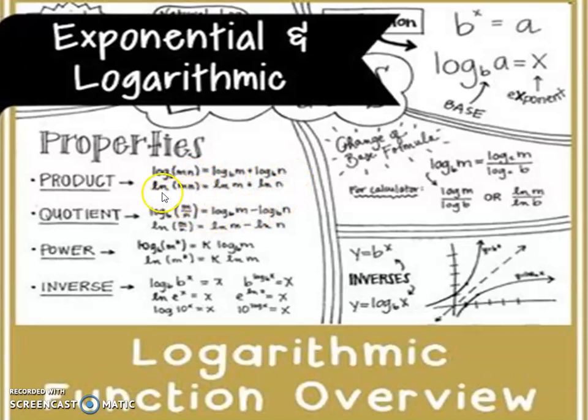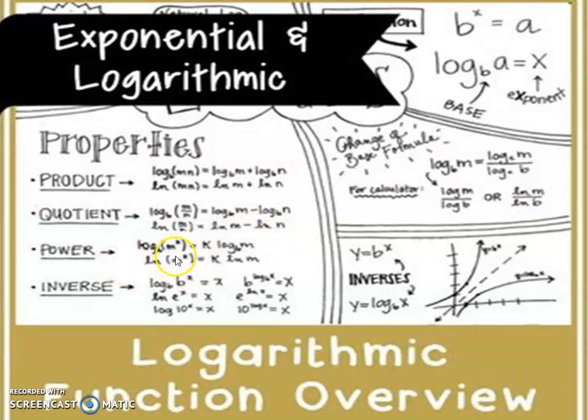For ln, the base is e, so we say ln of mn is equal to ln m plus ln n. Quotient: log to the base b of m upon n is log m to the base b minus log n to the base b. ln of m upon n is obviously ln m minus ln n.